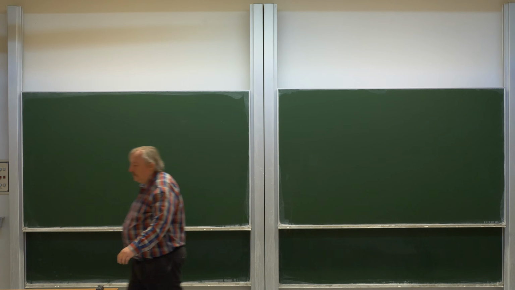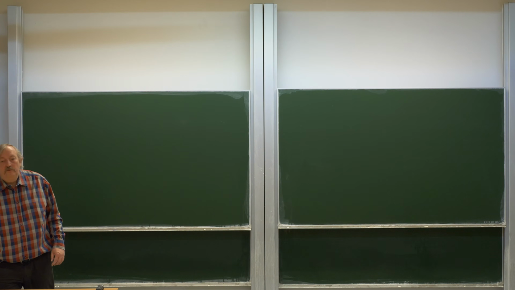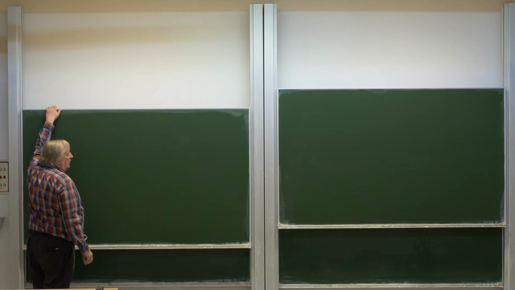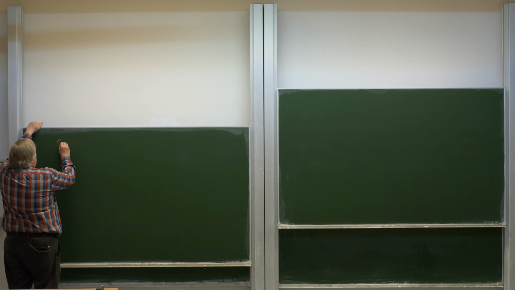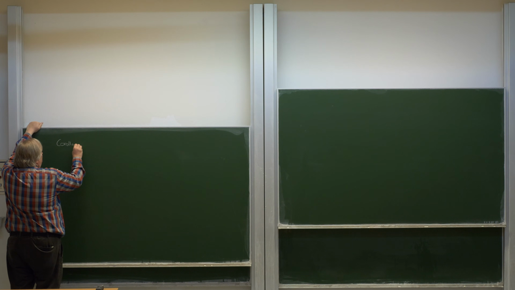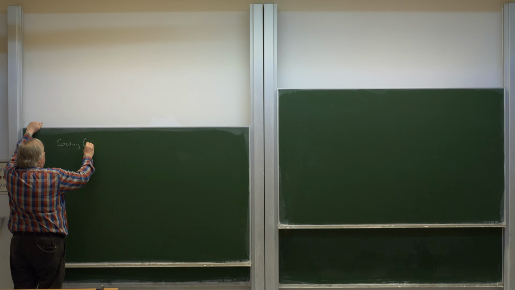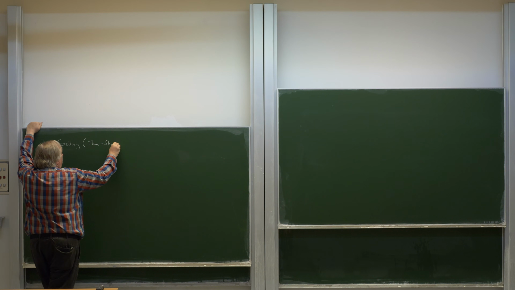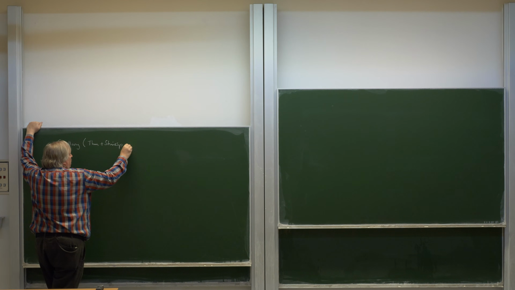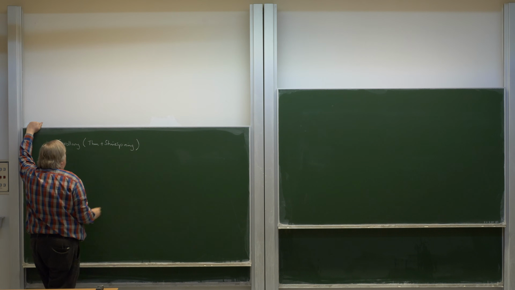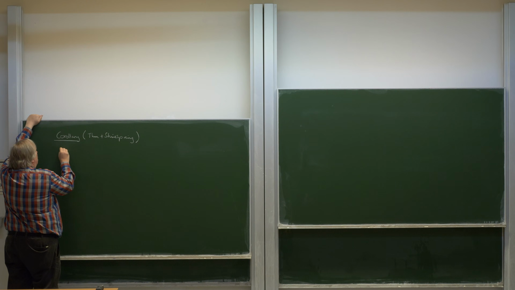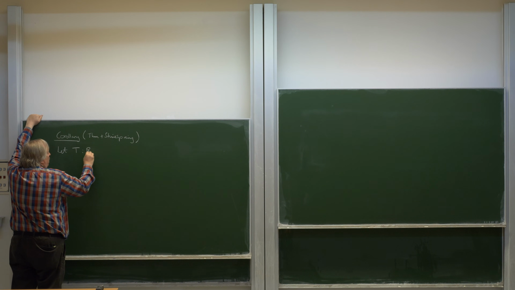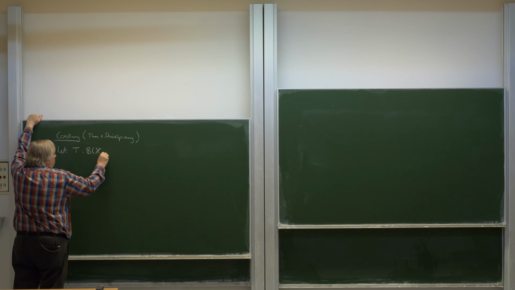Okay, so we can plug this into our version of the Stinespring dilation. Right? So, corollary, that is theorem plus Stinespring. That's T and B H out.